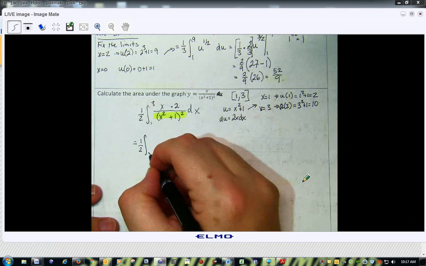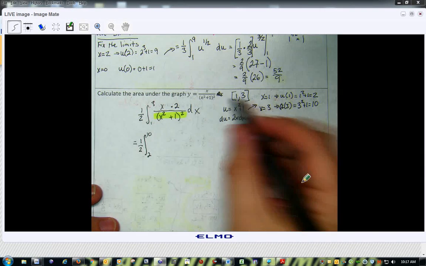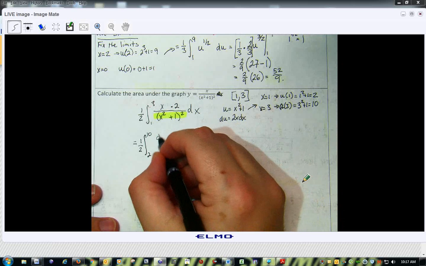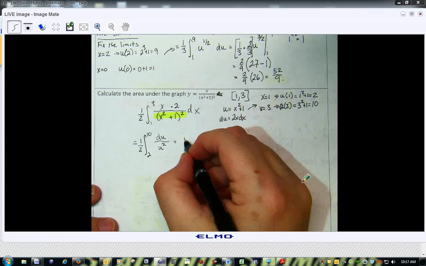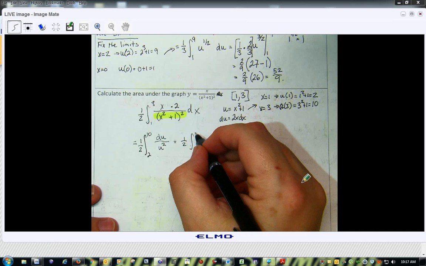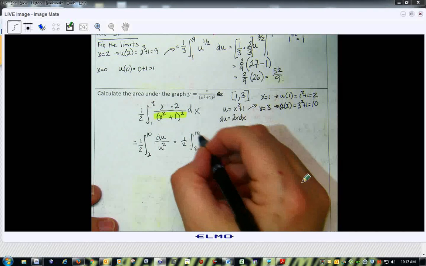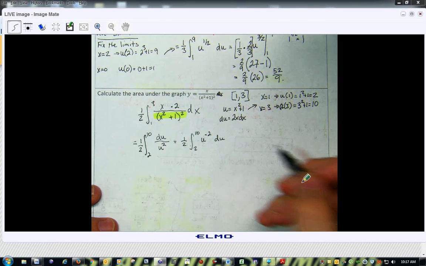So 2 in the bottom, 10 up top. And this would be du over u squared, which is equal to 1/2 the integral from 2 to 10 of u to the negative 2 du.